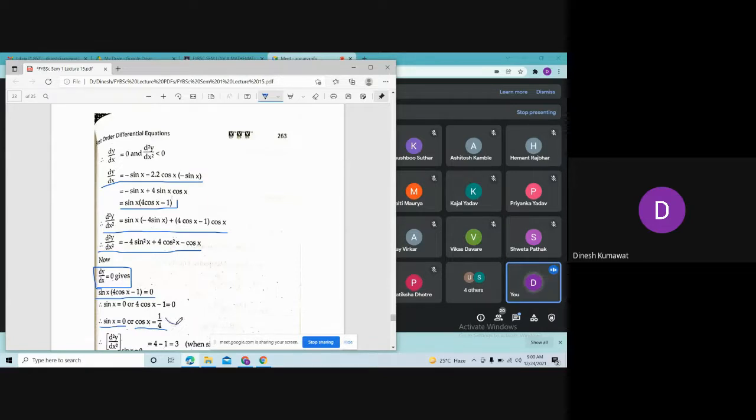So we need to put these two values in double derivative of f, which is nothing but d2y by dx square. इसमें हम साइन की जगह पे 0 डालेंगे और कॉस के जगह पे 1/4 डाल के चेक करेंगे. So tell me what happens if I put sin x is equals to 0 and cos x is equals to 1/4 in this double derivative. Tell me what is your answer.